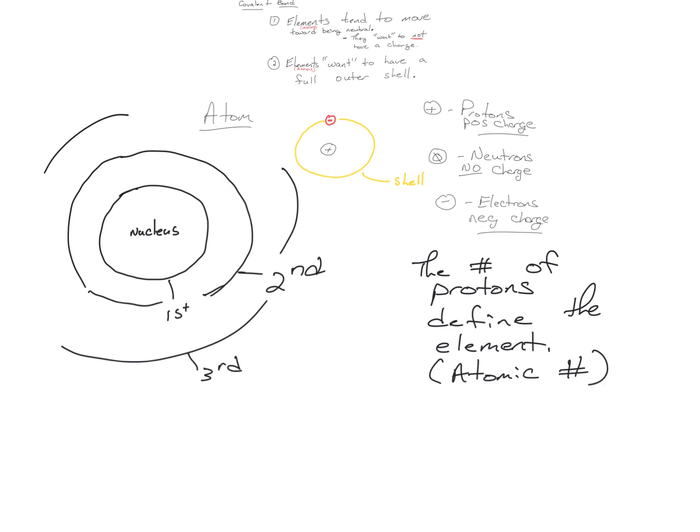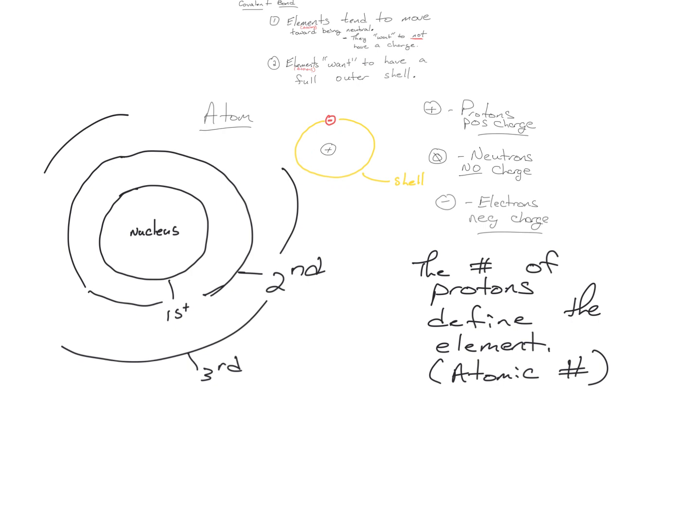The atomic number is the number of protons. It defines this element. This element, for instance, is hydrogen. How do I know it's hydrogen? Who can tell me based on this statement? It has one proton. If it had 2 protons, it would be helium.